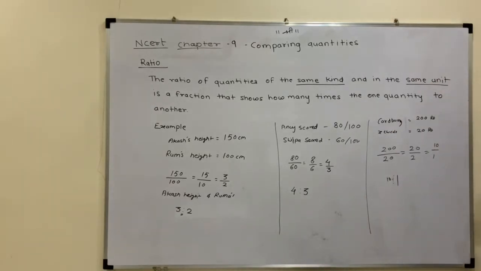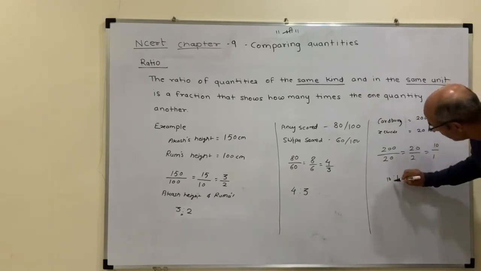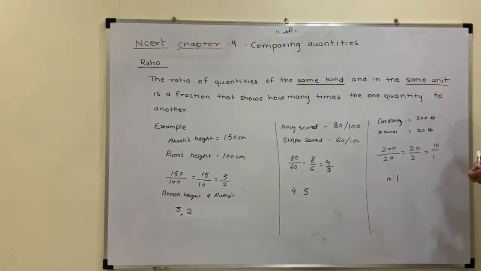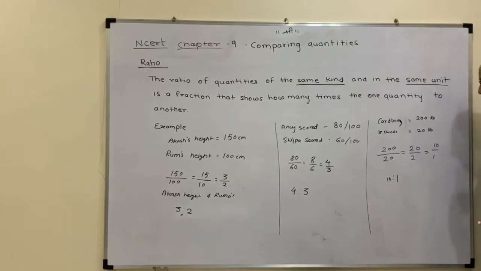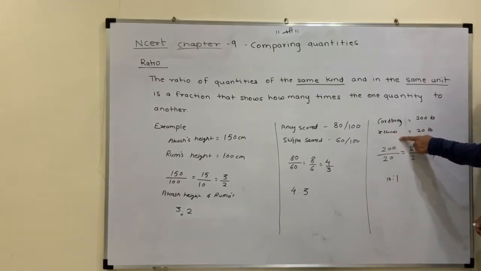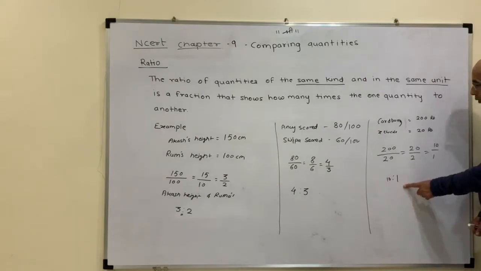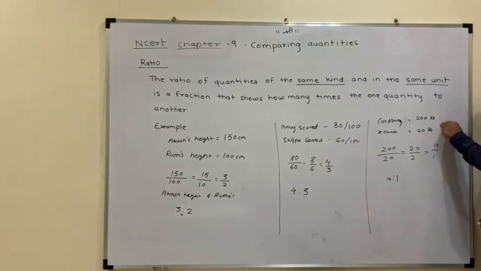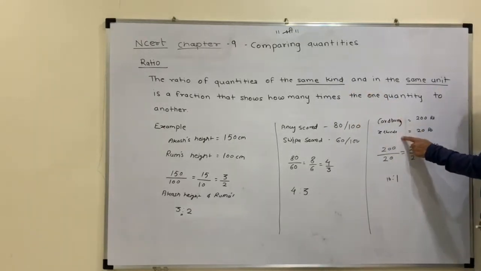So now, for every one Cadbury that I buy, I can buy 10 H chocolates. If you give me money to buy 2 Cadburys, with the same money I can buy 20 H chocolates. So that's the ratio. Now you have understood. Here both quantities are in the same unit, rupees, and they are of the same kind, as I am comparing chocolates.